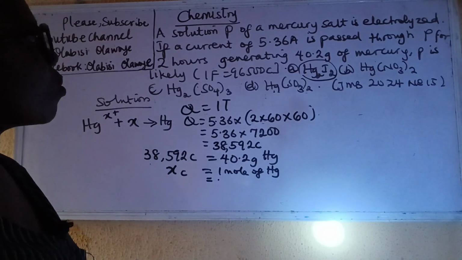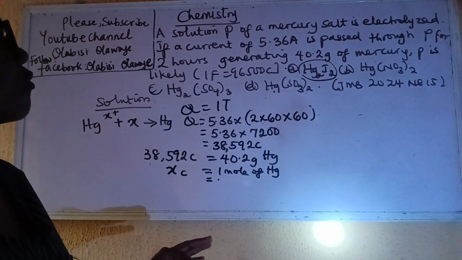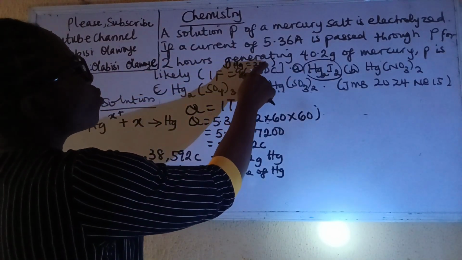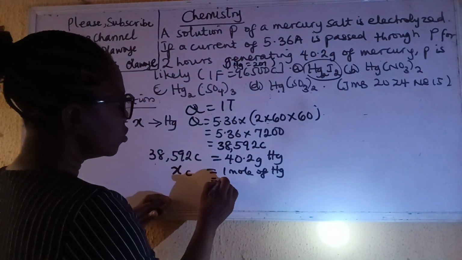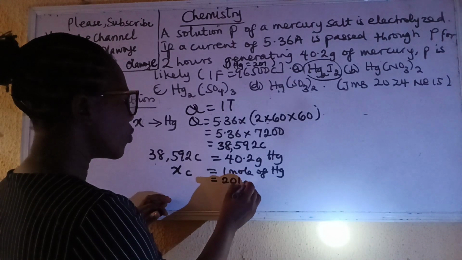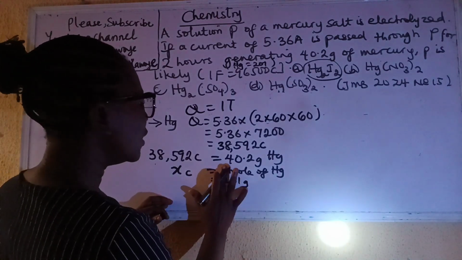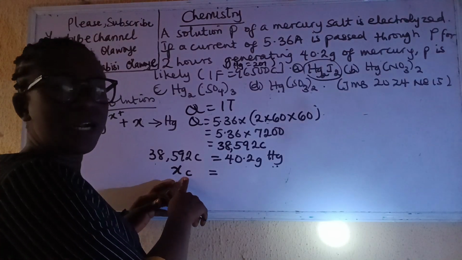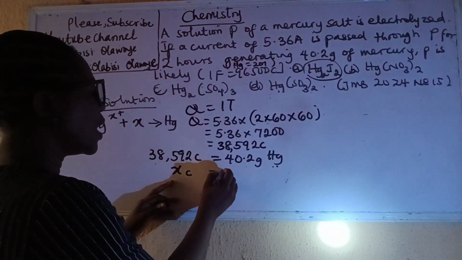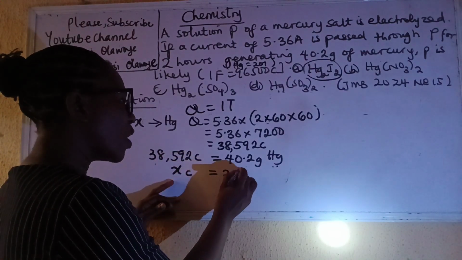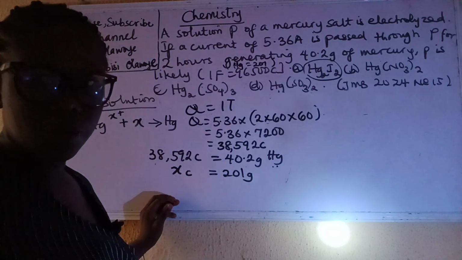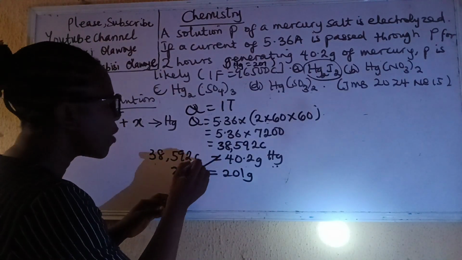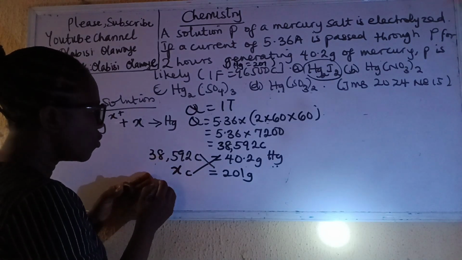It is 201, so 201 gram. I'm going to clean this and replace it with 201. We don't know the number of Faradays or number of electrons required to liberate 201, which is the atomic mass of mercury, because 1 mole of any element is its atomic mass. So if we are able to work out this, we will know the kind of element.